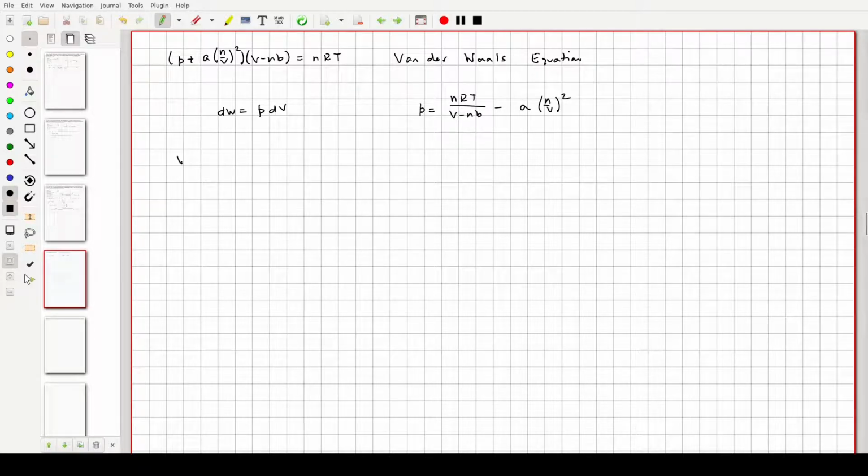So to find the work going from one state to another state, here you're going to integrate P dV, but it's going to be done with this pressure right here as opposed to the ideal gas one.